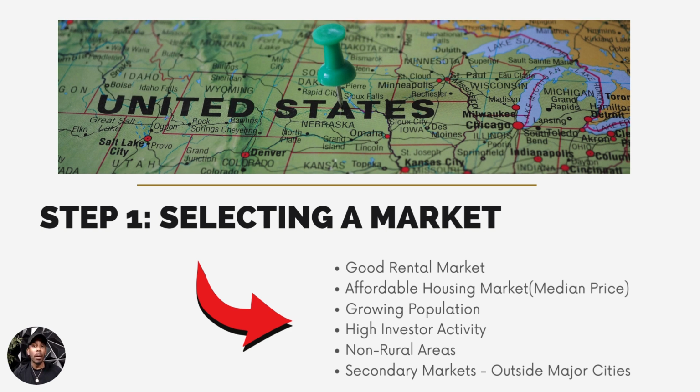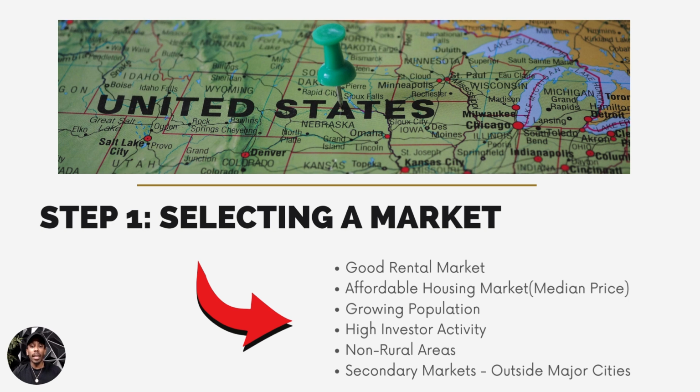And generally, buy and hold investors are willing to pay a little bit more for properties versus those fix and flip investors, because those fix and flippers need to get the properties at such a lower discount in order to make a bigger profit. On the contrary, the buy and hold investors can pay a little bit more because they're holding the property for cash flow and not an equity play.